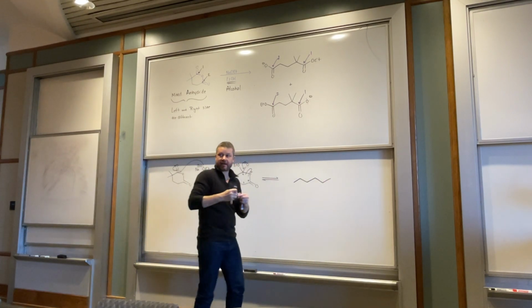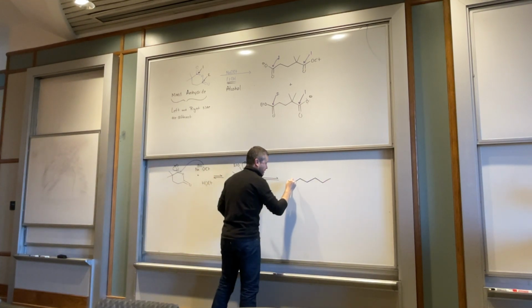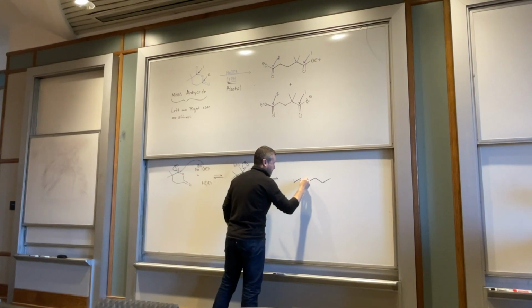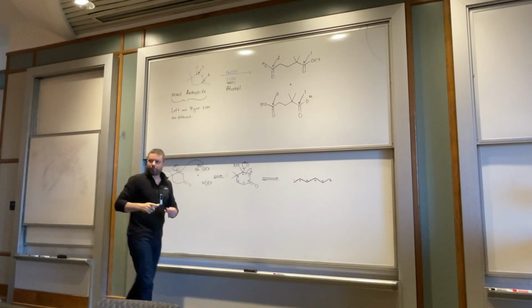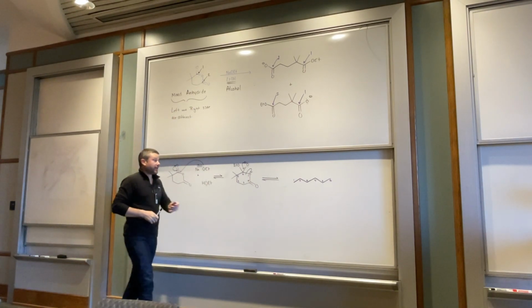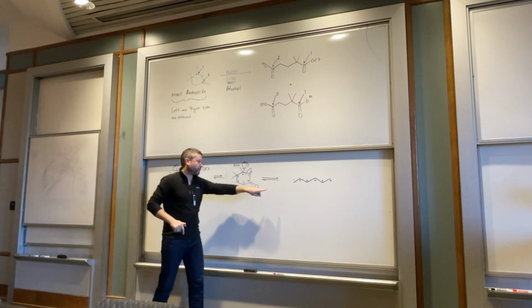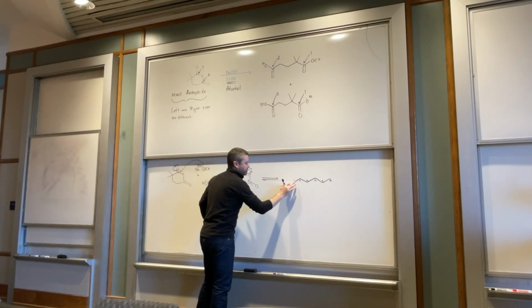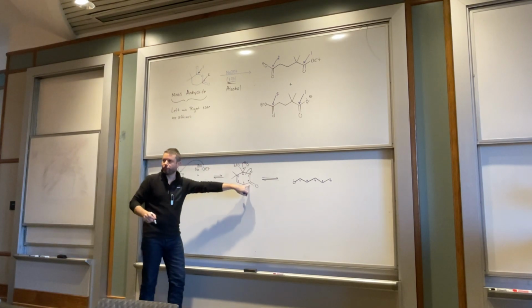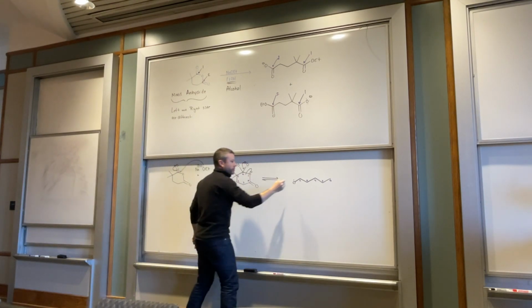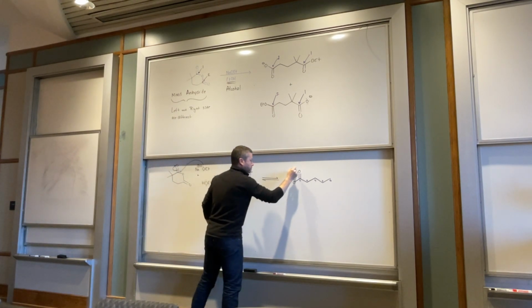Right, so I'll draw my 6-atom chain to number those atoms. Once I have my chain in place, then I can start changing things. So I know atom 1 is an oxygen, so I'll change that to an oxygen. Okay, atom 2, there's going to be a carbonyl. So on atom 2, I'm going to draw a carbonyl.